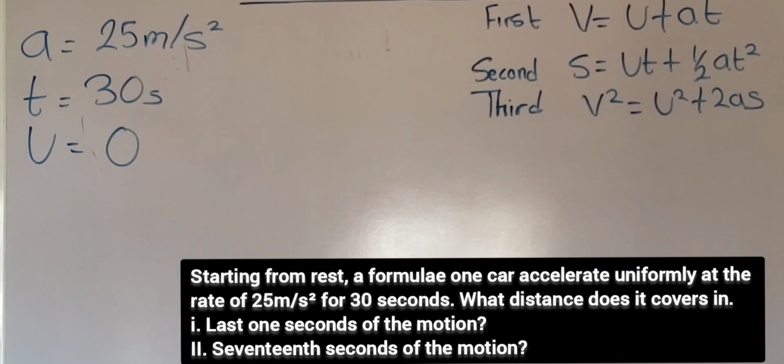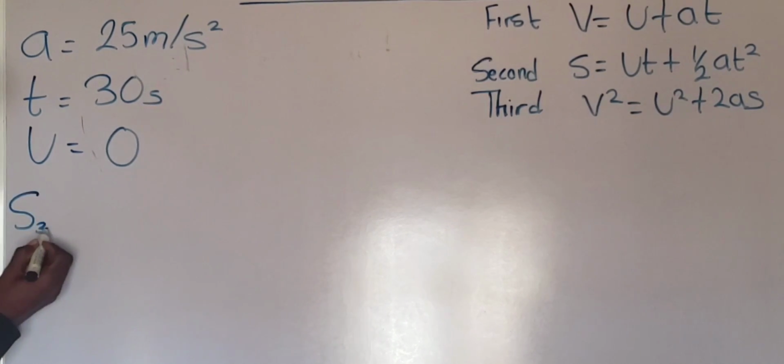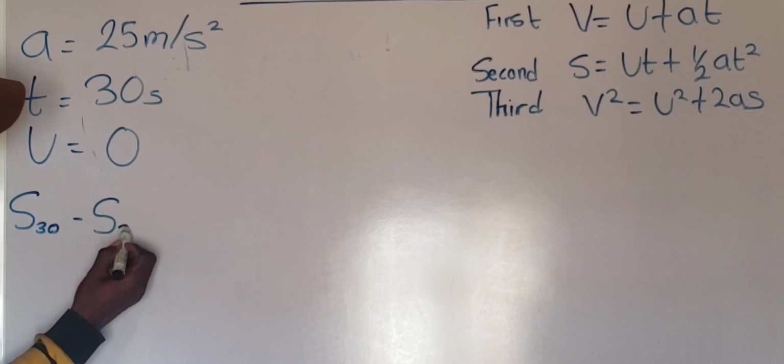That's the question there, okay? So the last 1 second signifies the difference between the distance that the Formula One car covered in 30 seconds and in 29 seconds. Do you understand? That is the distance that it covers in the last 1 second. Okay? That will be S30, the distance covered at 30 seconds, minus S29, the distance covered at 29 seconds.